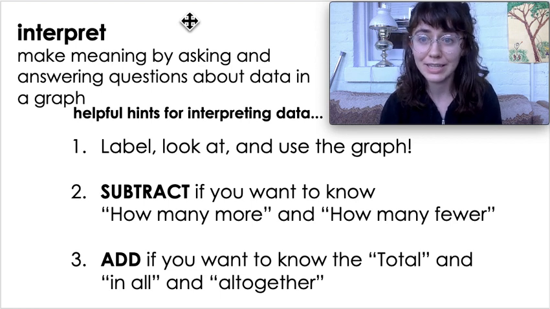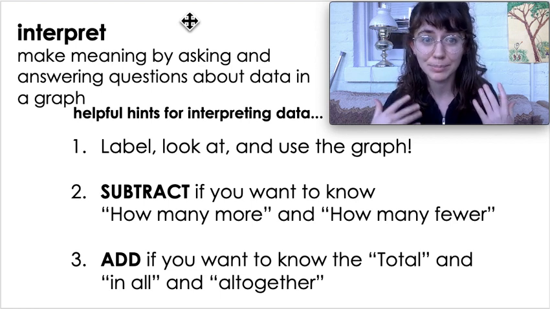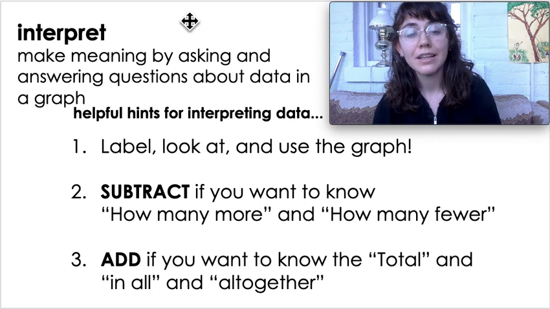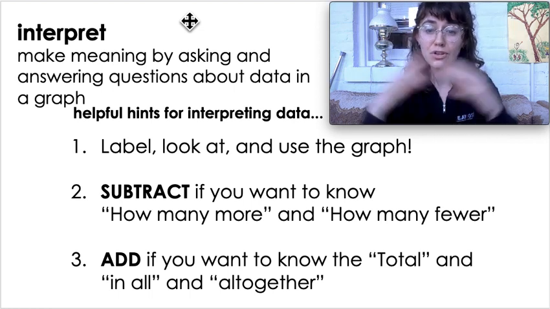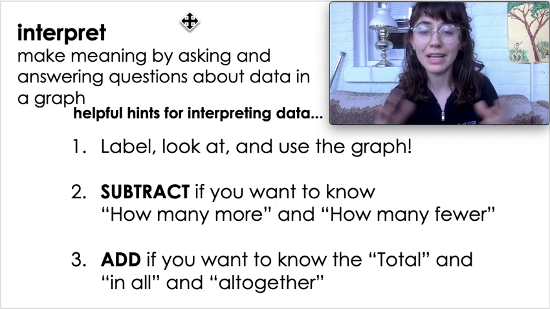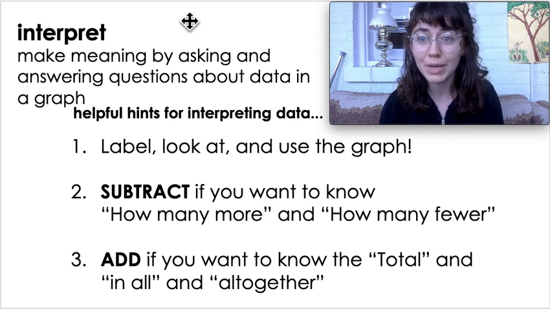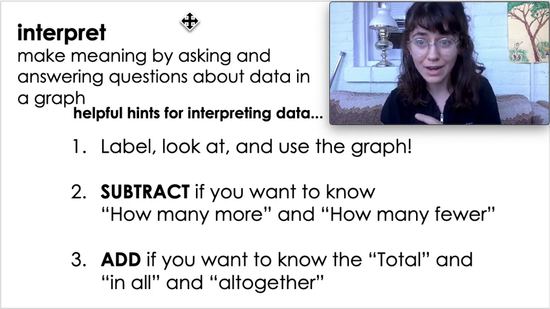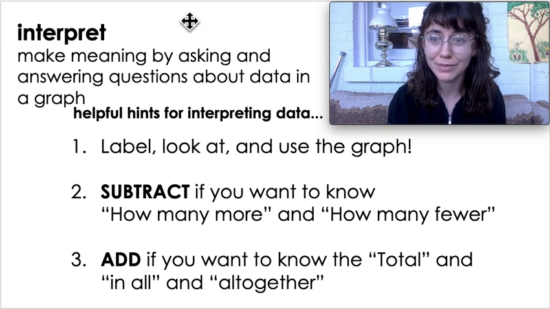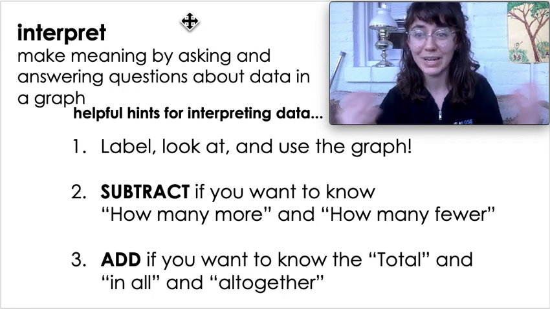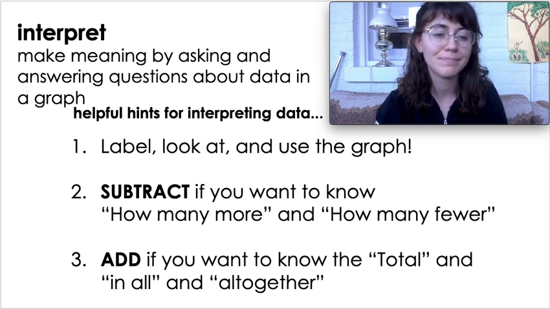So if a question is ever asking that, always subtract. Third, you want to be adding if you want to know the total or in all or all together. You also want to be adding if you're trying to find out how many are in a group of a couple different categories, okay? So subtract for how many more or how many fewer, and add if you want to know how many in all or how many are in a group.